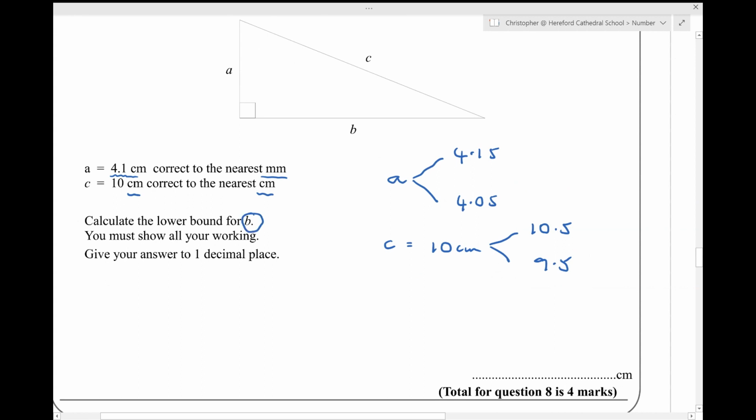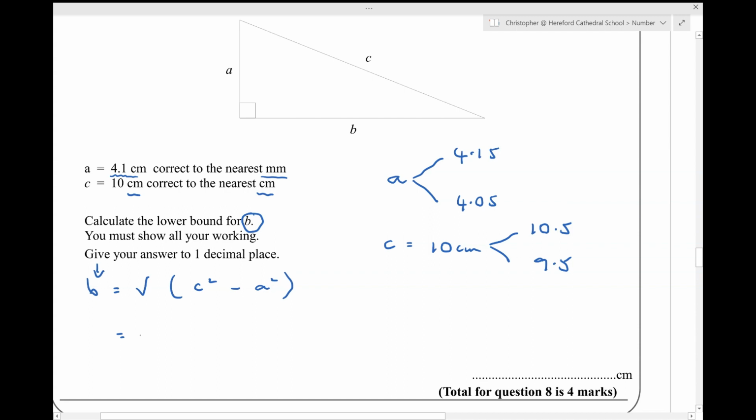Now, how am I going to find B in this case? Well, I'm going to use Pythagoras, and B is going to be the square root of C squared minus A squared. Now, be very careful. They want you to find the lower bound for B, so it would be easy to think I'm going to use the lowest C and the lowest A. But that is not the case, because you want your answer for B, the square root of this bracket, to be as low as possible.